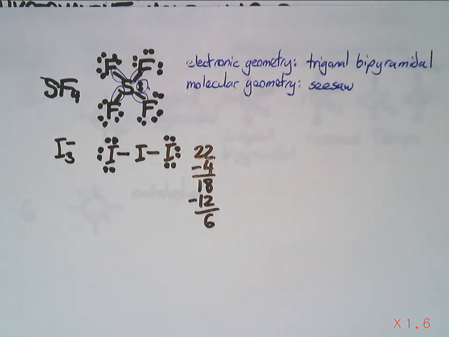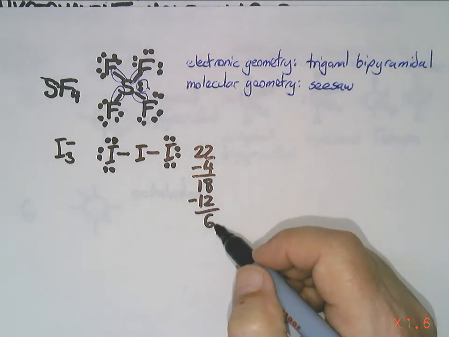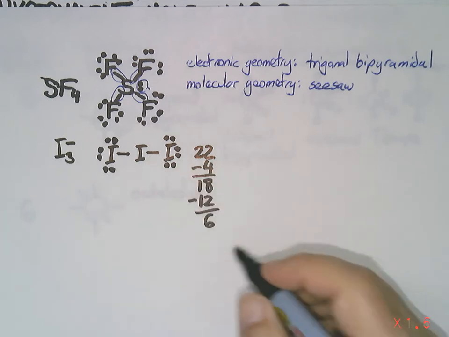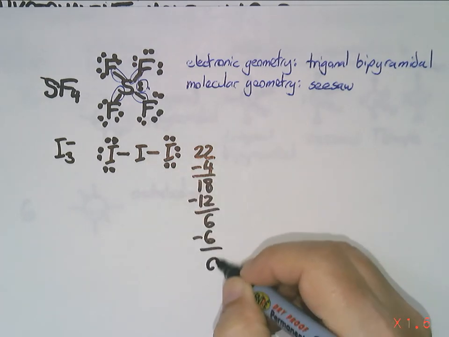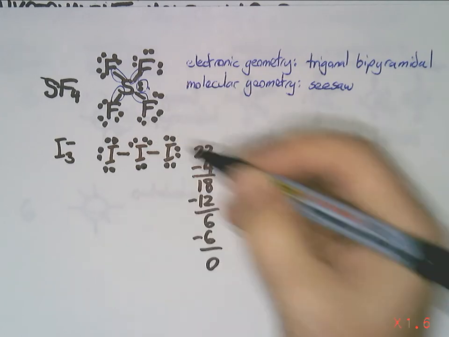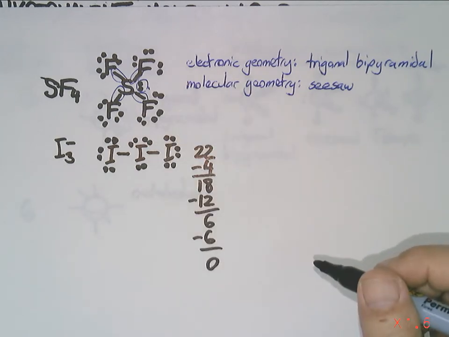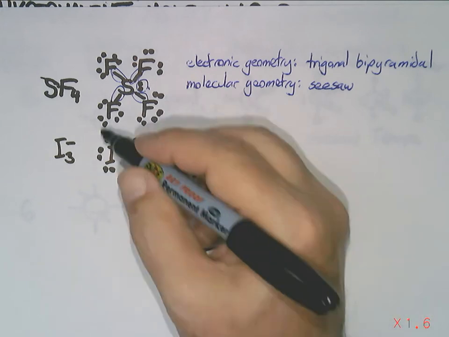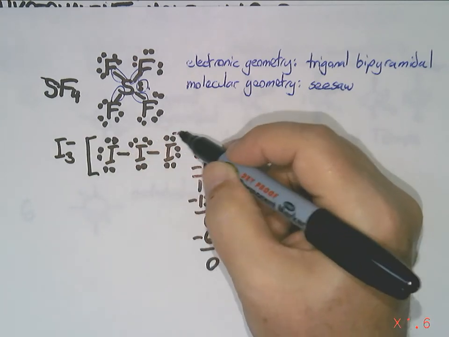The next step says take all your remaining electrons and pile them onto the central atom. I group them as lone pairs. There are 3 lone pairs on there. That's 6 electrons, and that's my structure.